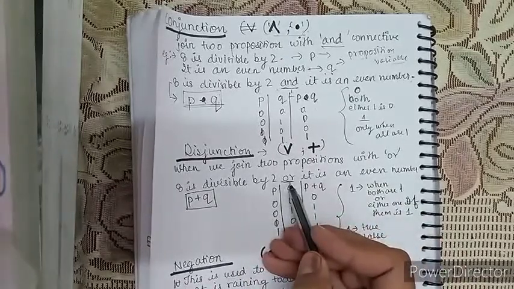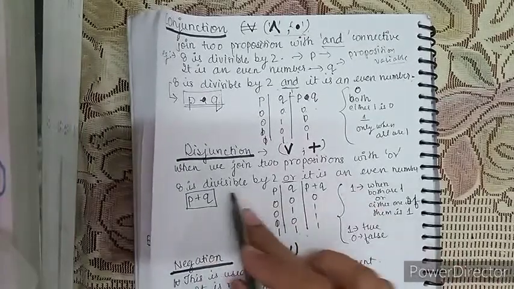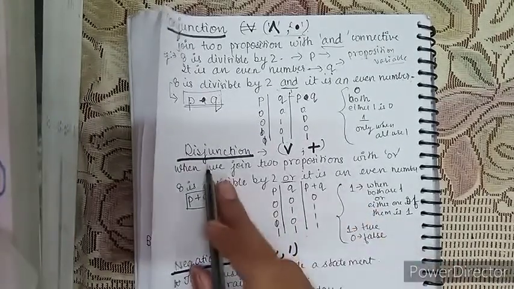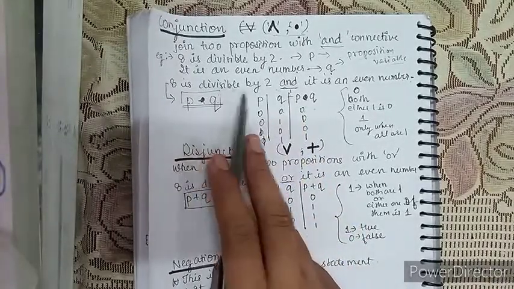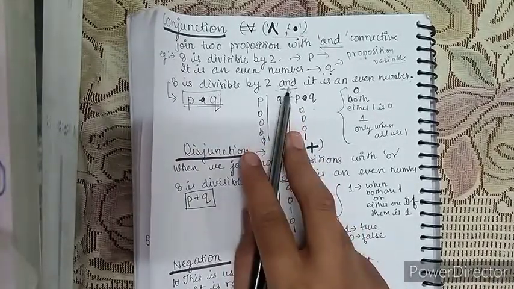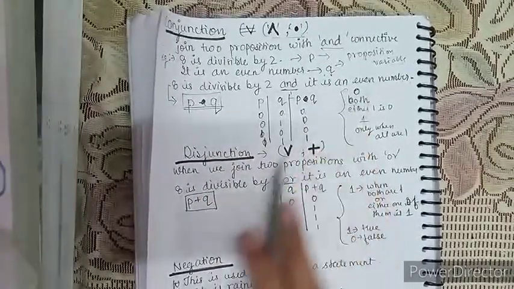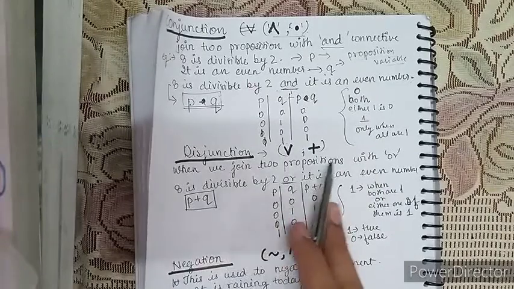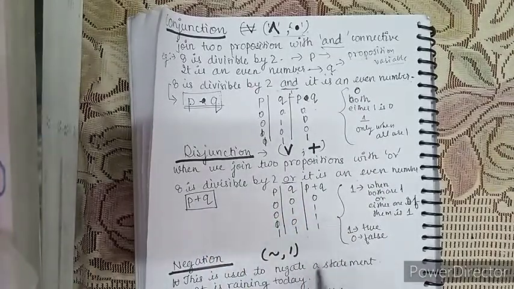Here OR is acting as a connective, which is joining two simple propositions P and Q by disjunction. Above we saw that AND acts as a connective joining two simple propositions P and Q. So here also OR acts as a connective joining two propositions. It gives 1 when both are 1 or either of them is 1.